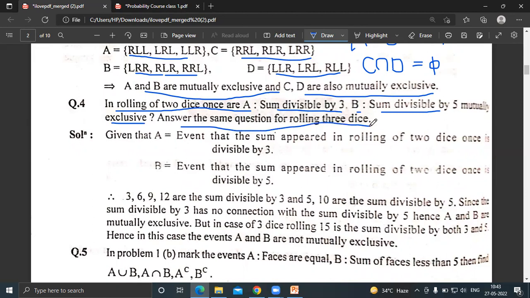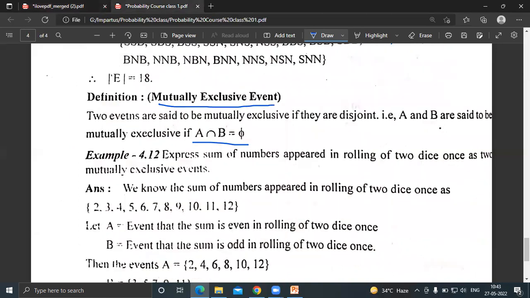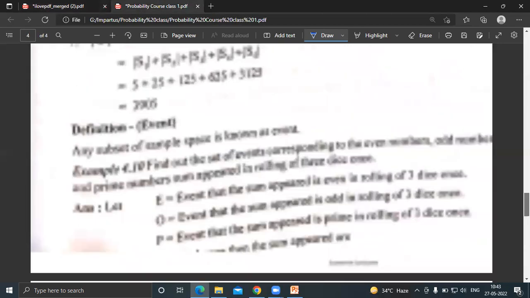So you have to check in rolling of 3 dice what its sample space is and how it looks. Since A is the event that the sum appearing in rolling of 2 dice once is divisible by 3, check here how rolling of 2 dice looks.